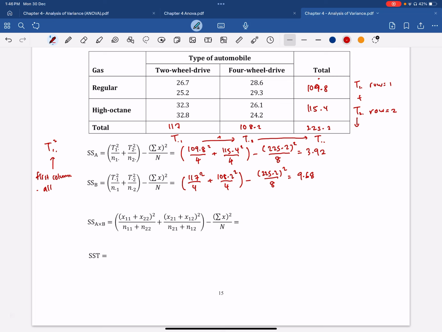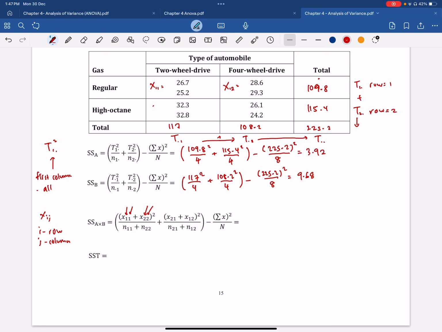The x11 is actually referring to the first row and the first column, whereby this is the second row and the second column. Remember, the numbers refer to i, j. i is for row, j is for column. So let's take a look at the table. This is x11, the first row and the first column, and this is x12, the first row and the second column.